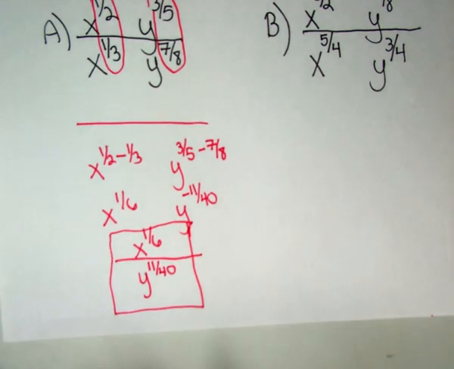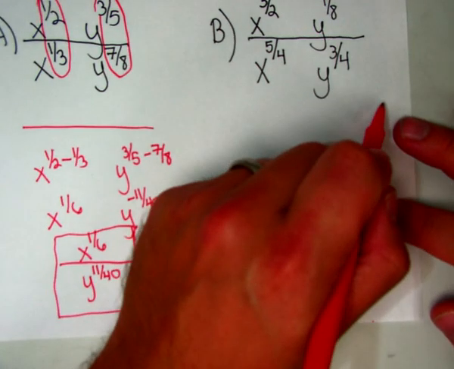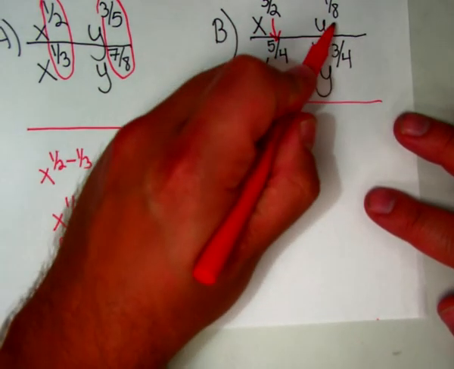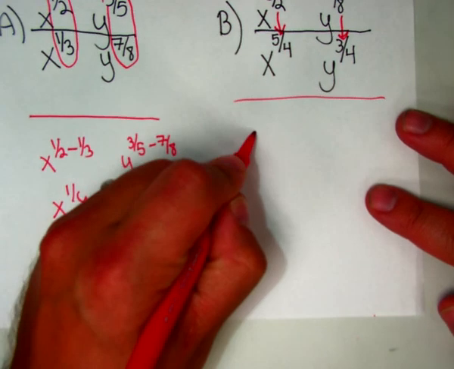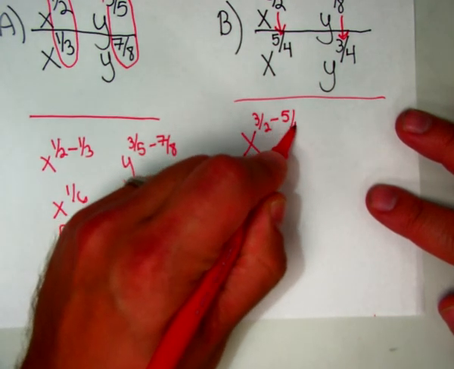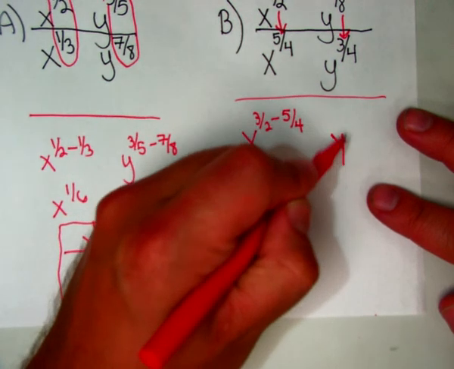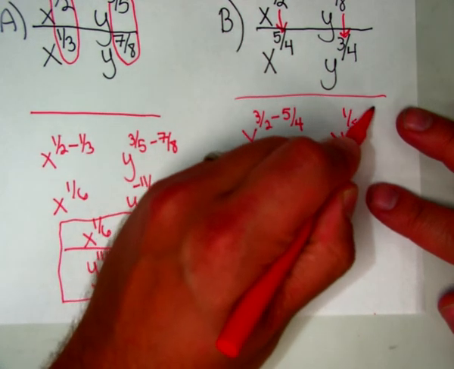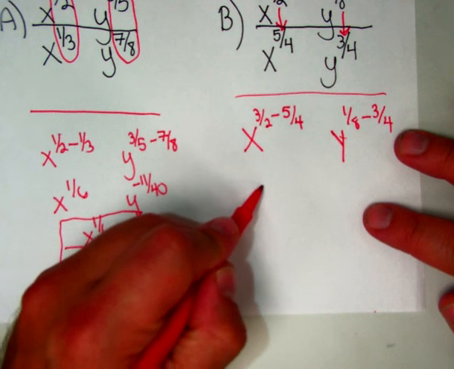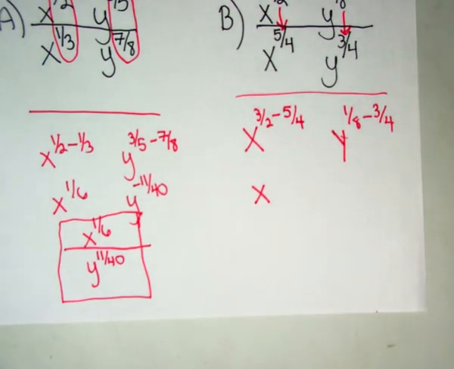Okay. Take a look at the second one here. Same thing. Subtract top to bottom. We end up with x to the 3 over 2 minus 5 over 4, and y to the 1/8 minus 3/4. Simplifying this then, we end up with x to the, let's see, we get 1/4.